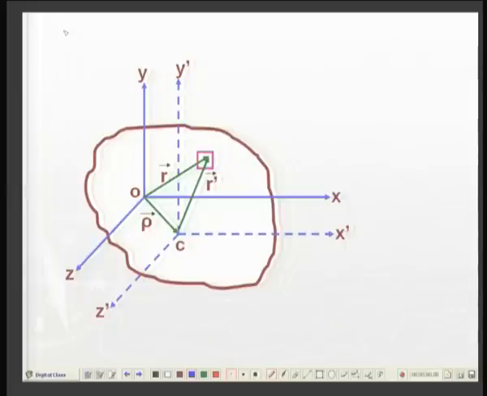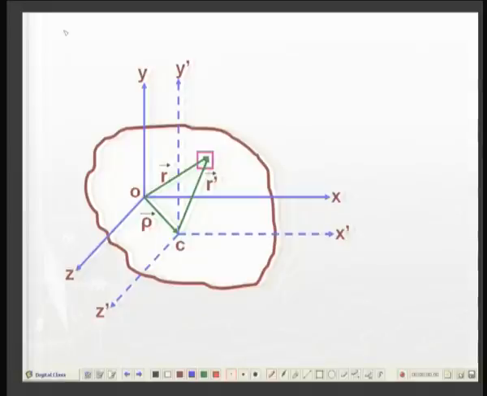How to set up a relationship so that I can get the moments of inertia in the new coordinate system in terms of the old coordinate system? Same thing for the products of inertia. So, let us see how we can do this.